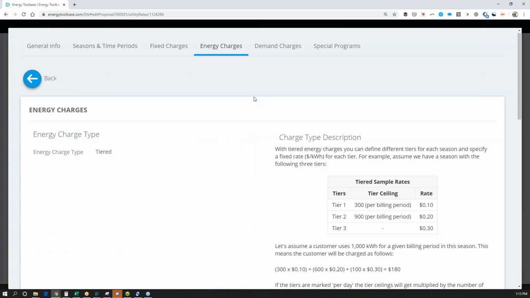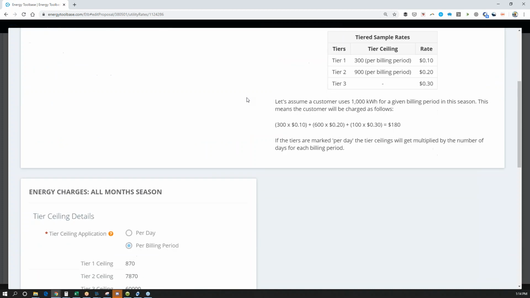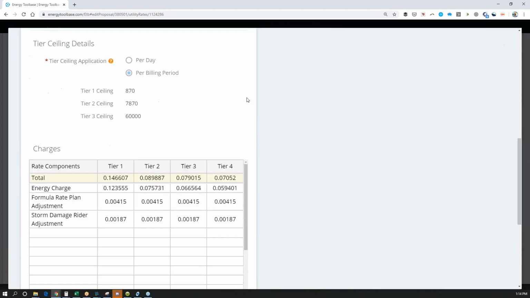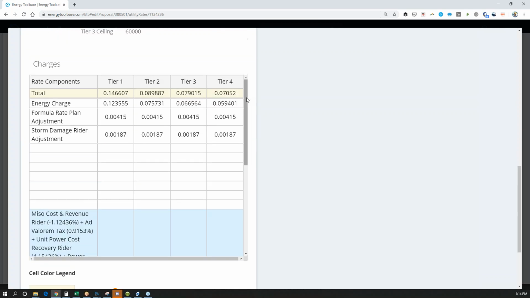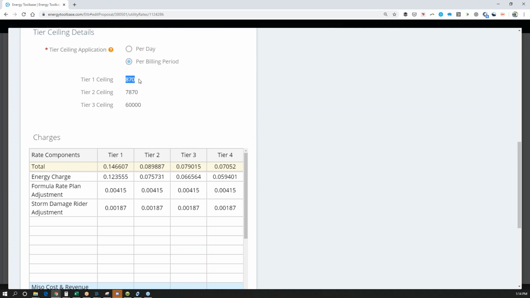We can customize this rate, but for the most part, Energy Toolbase as a company is hard coding this stuff into their software, which is a pretty large effort. And so they're giving us a tiered energy rate where tier 1 is the first 870 kilowatt hours, and they cost 14 cents, 15 cents a kilowatt hour. Tier 2 is the next 7,870 kilowatt hours, and tier 3 is the next 60,000.